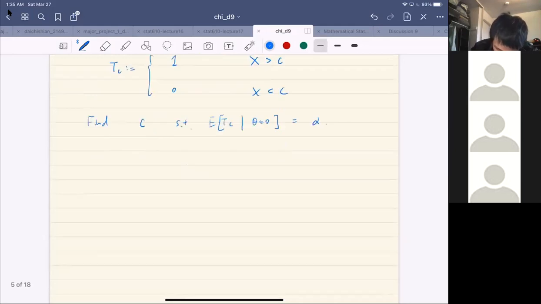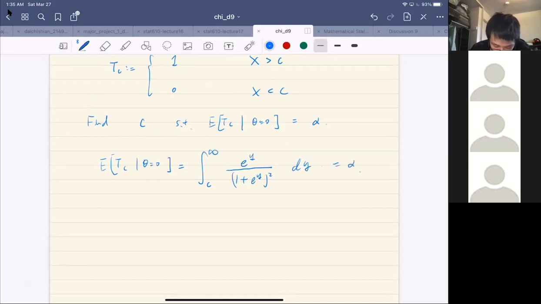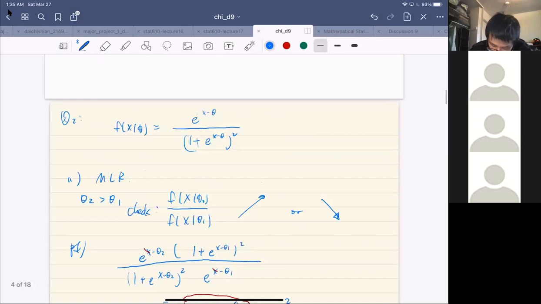So this is equal to the integral from c to infinity of e to the negative y over one plus e to the negative y, squared, dy, and it should be equal to alpha.